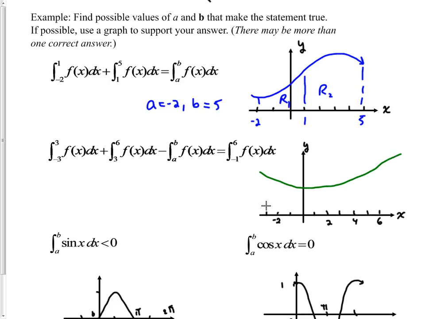All right, and we're going to go from -3 to 3. We're going to call that region 1 over here. We're going to go from 3 to +6 to get our next region right here. But then we're going to take away some region, and we're going to get an interval that goes from, at the end, -1 to 6.